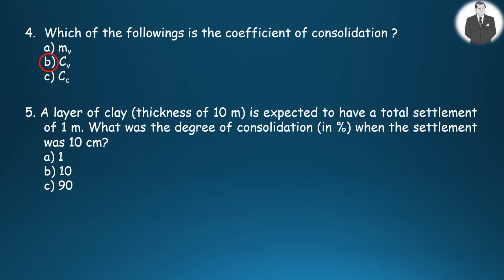Which option is the right answer? Yes, the answer is B, 10%. Jolly good. The sixth question: when time factor approaches infinity, the average degree of consolidation becomes unity. True or false? No, the answer is A. What a pity.